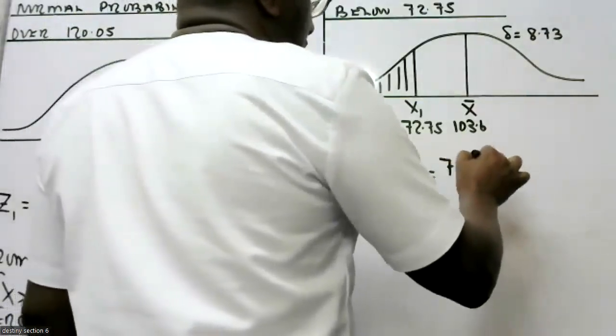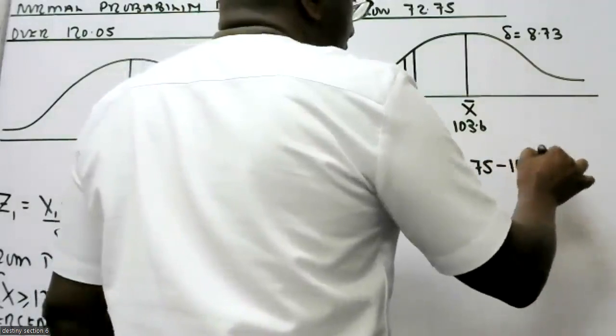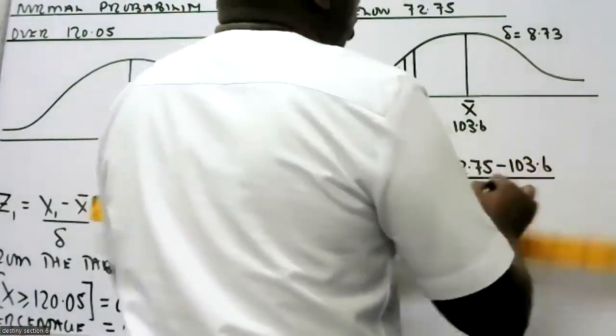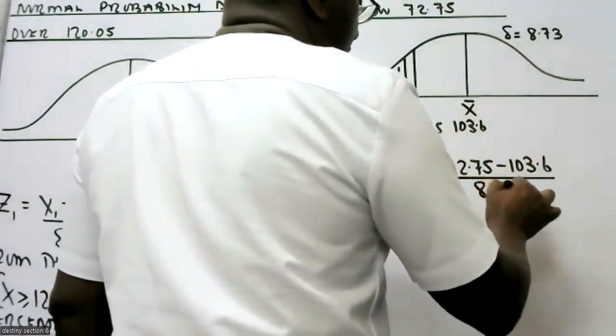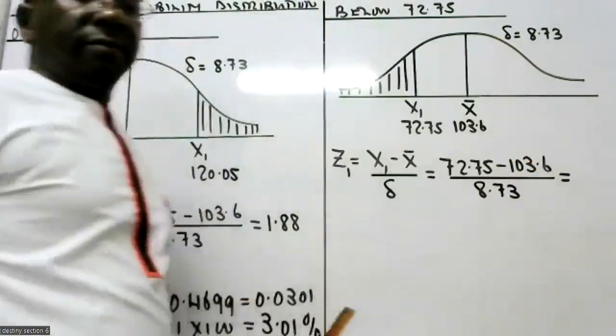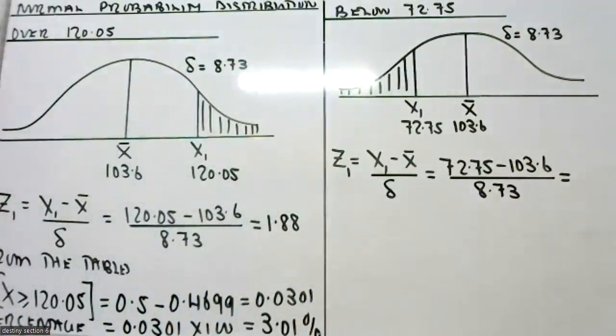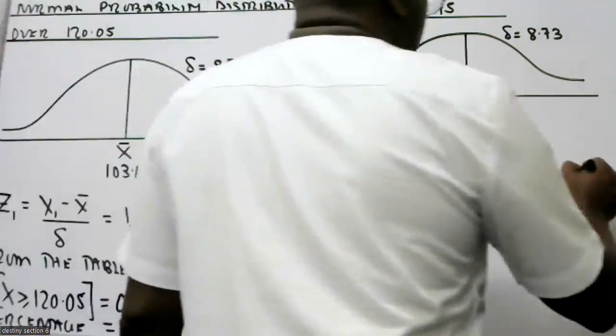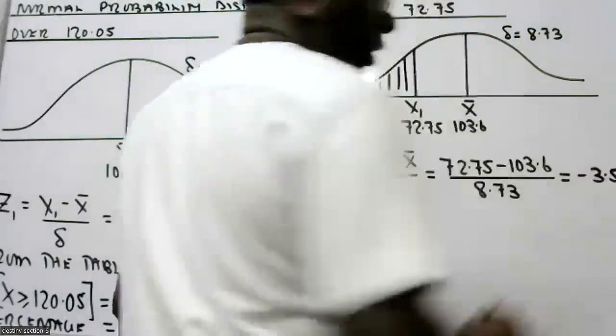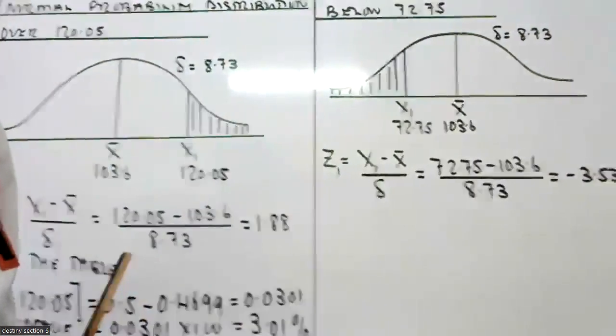This is 72.75 minus 103.6, you divide by 8.73. Negative 3.53.